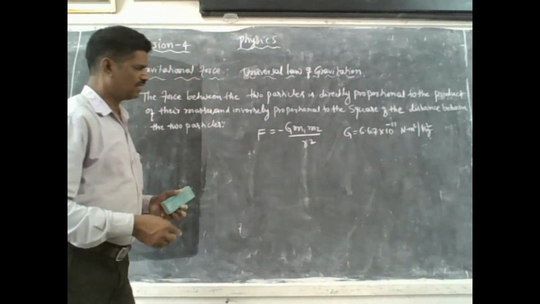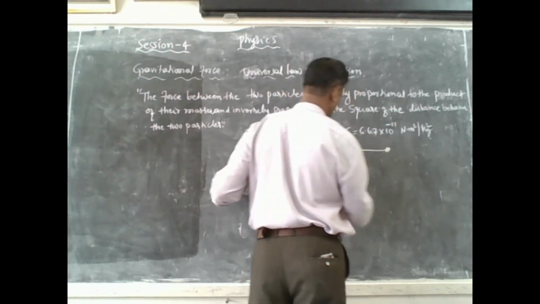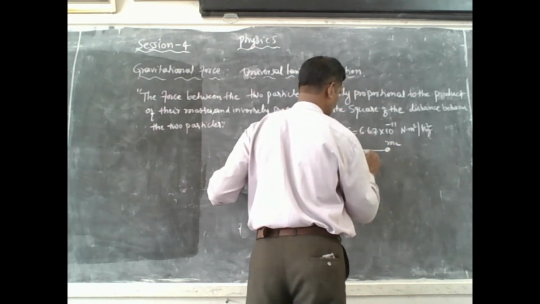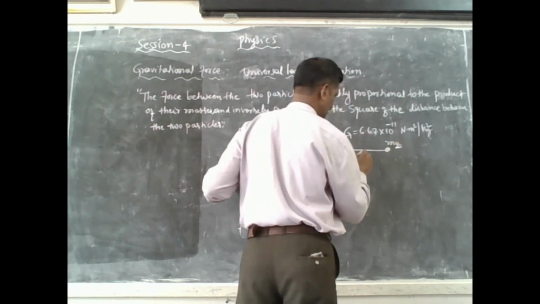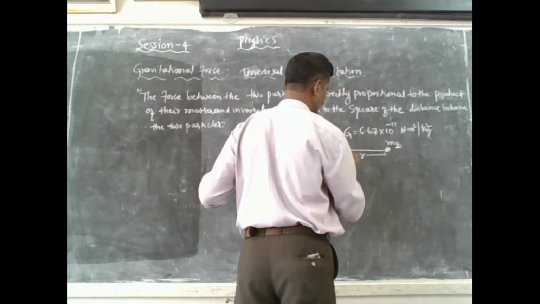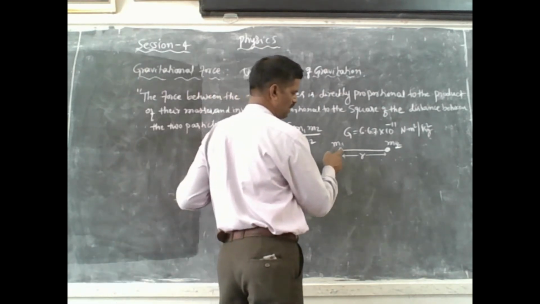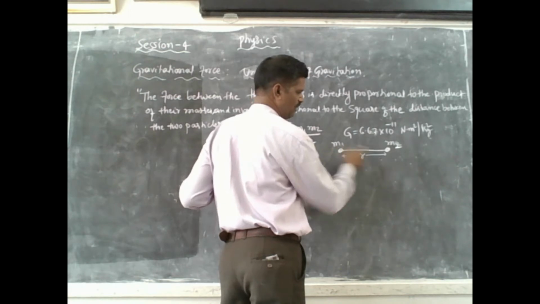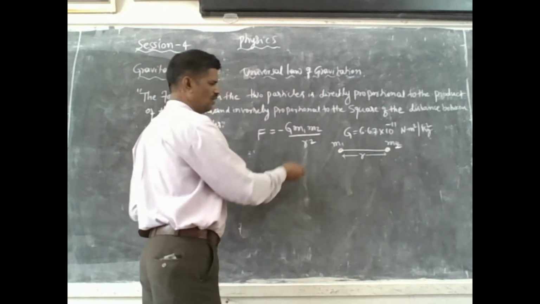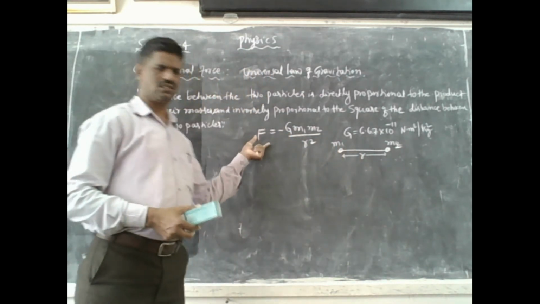And also for this I can show the diagram. Here is M1, here is M2, and the distance between them is R, isn't it? So the mass of one particle is M1 and the mass of the other is M2, and their distance is R. According to this diagram, the equation can be written like this.